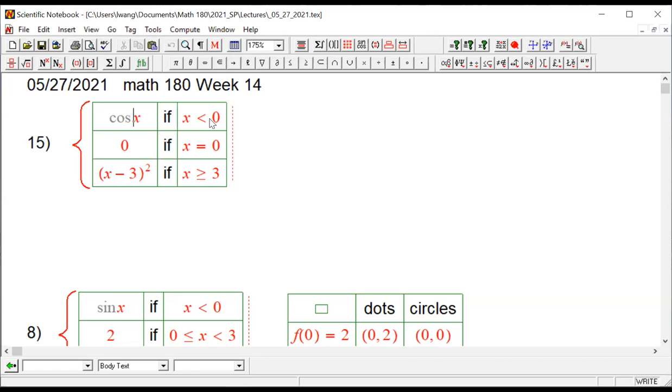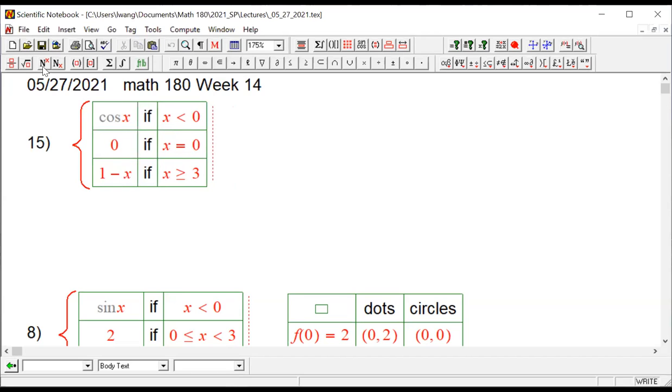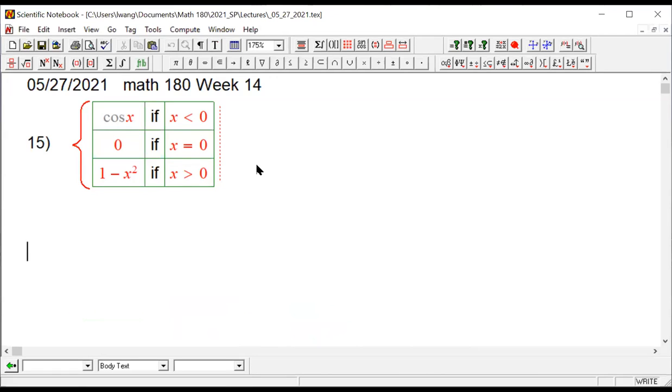When x is less than 0, 1 minus x squared. You see all these weird functions, right? They will not be weird for you when you're in calculus class, I hope. I'm sure you're going to be more comfortable with these functions.